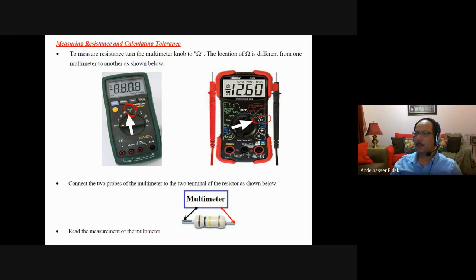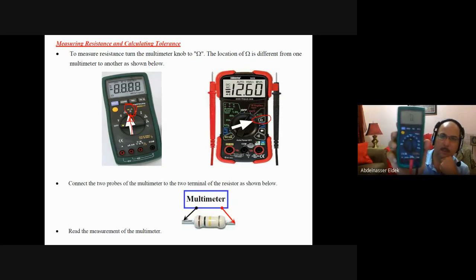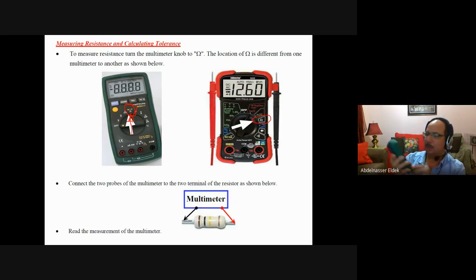Okay, so you need to move it to the ohm to read resistance. So I need to move this here. Now it's ready to measure resistance. And then we need to make sure that we have the probes right.